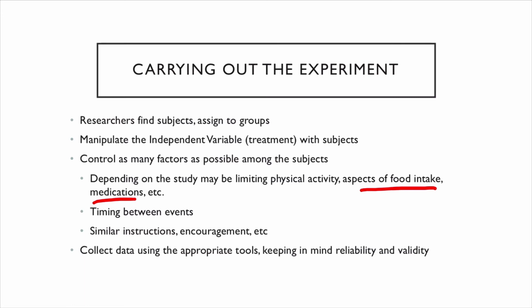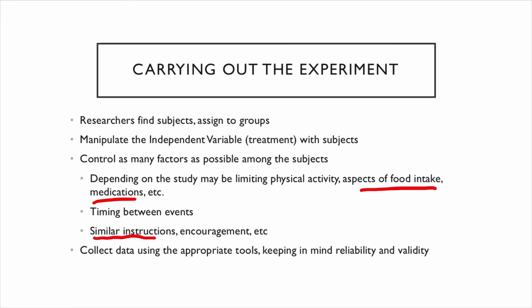And then we also have to pay very careful attention to even things such as the type of instruction that we give a person. If I have them doing a test of some type and I don't give each subject the same instructions, they may perform differently because I didn't give them as good instructions, or I didn't give subject 1 as good instructions as subject 2.